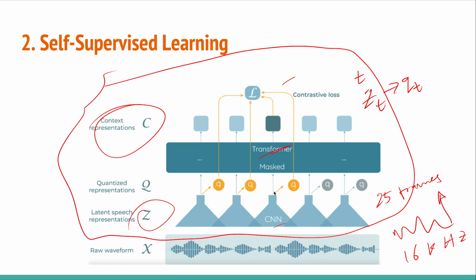And then for this frame, I can ask the loss to minimize the distance between ct and qt, but maximize the distance for all other samples, which are also called distractors. So in simple terms, you can understand it that way.